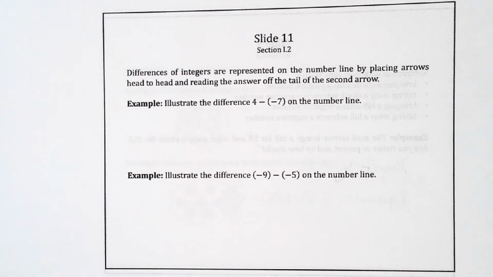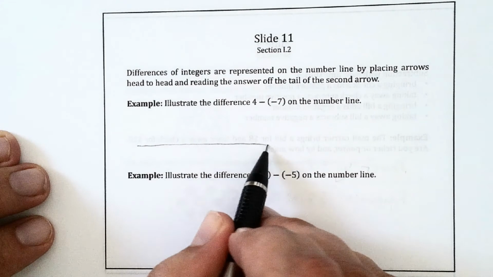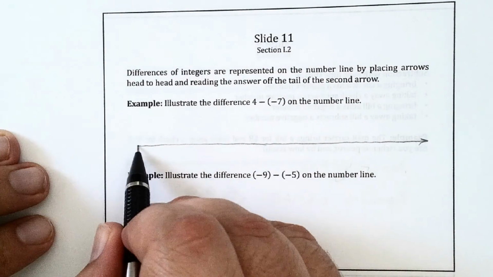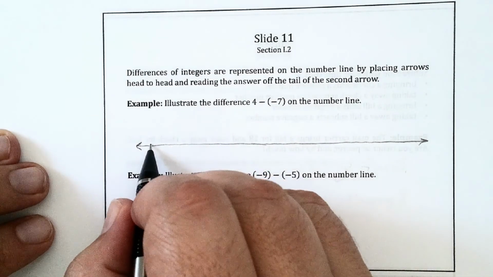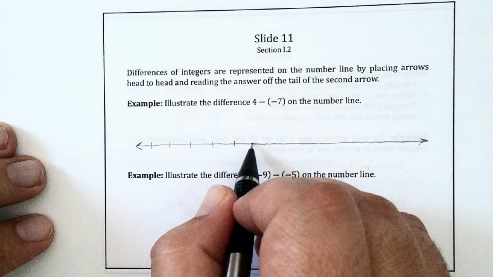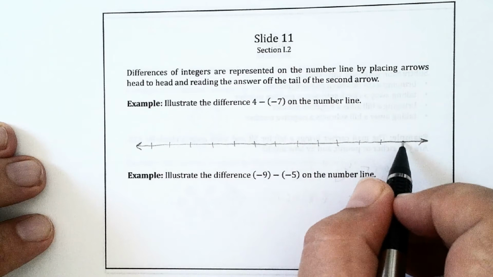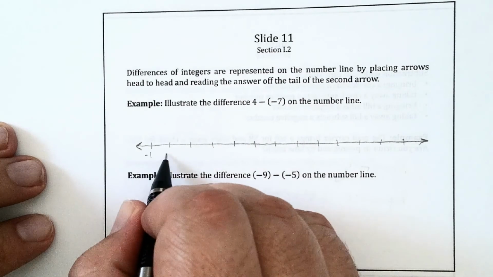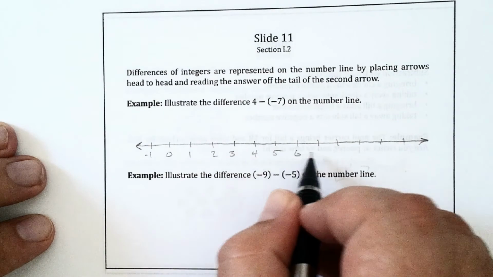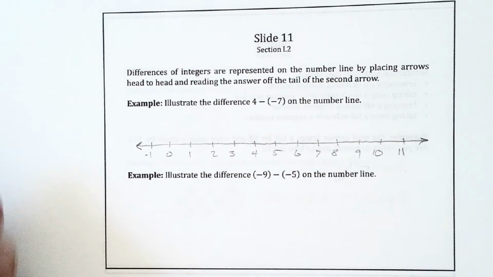So for instance, let's do 4 minus negative 7.